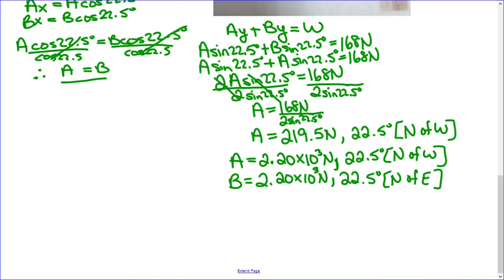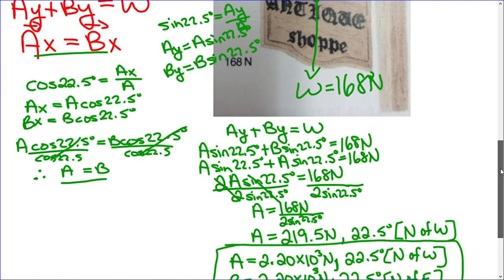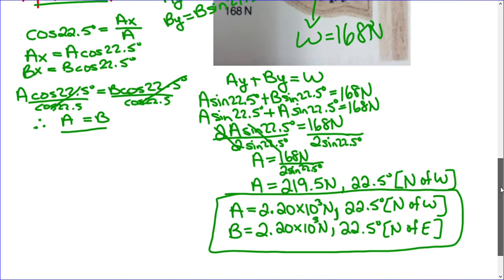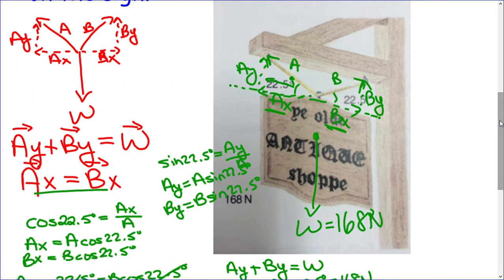So I have 2 separate measures here that both tell me what the tension in the rope is for A and B. Now what's important to understand from here is that the original weight of the sign was only 168 newtons. Each rope needs 220 newtons of force to counteract it. So 220 newtons of force are needed in each rope to counteract 168 being pulled down. That's because it's at an angle.